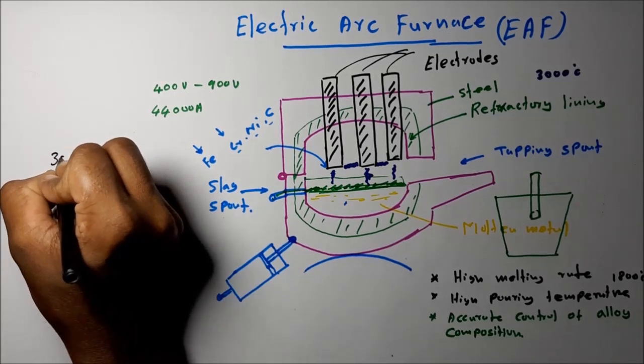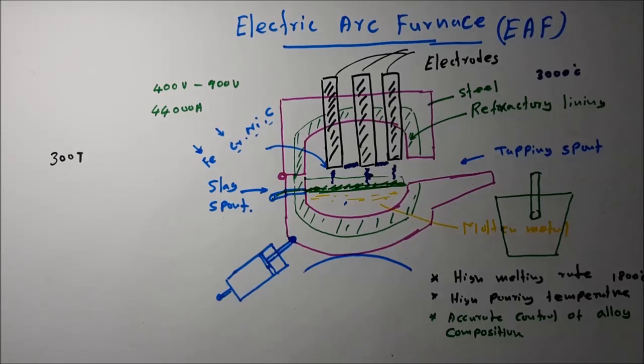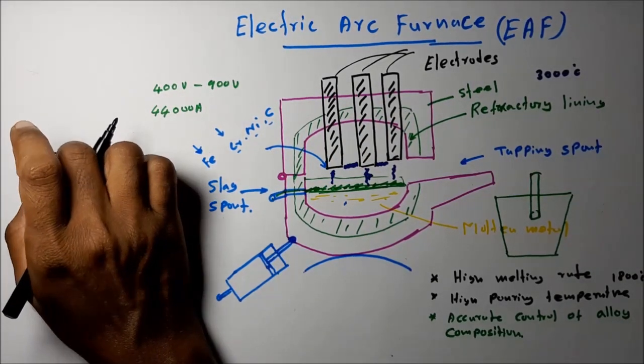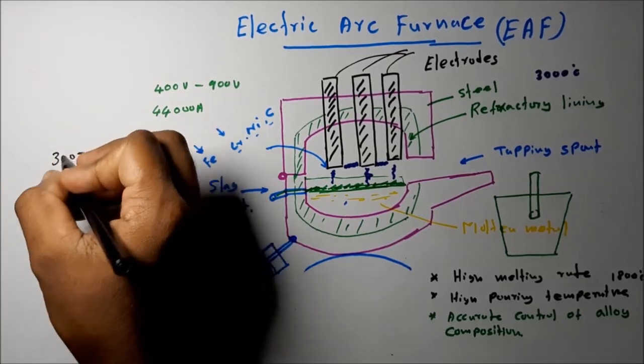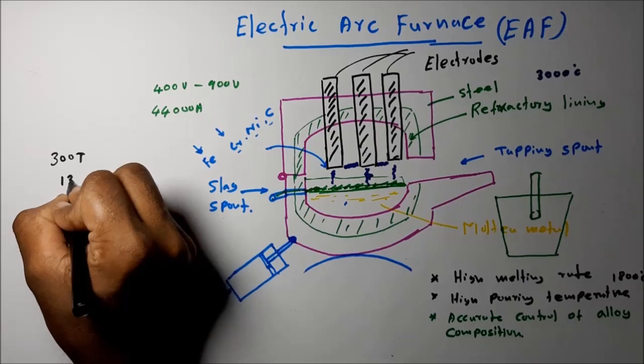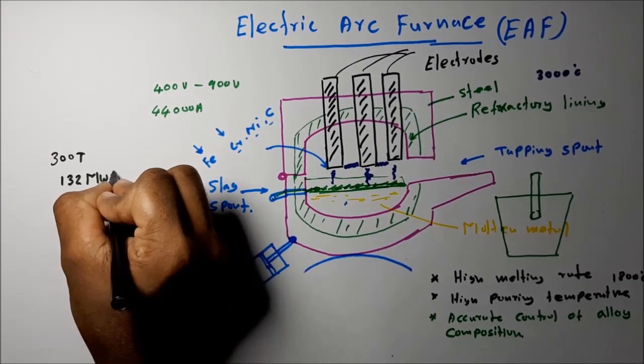For example, if you take a 300 ton electric arc furnace, to melt this 300 ton steel capacity, it requires around 132 megawatt hours.